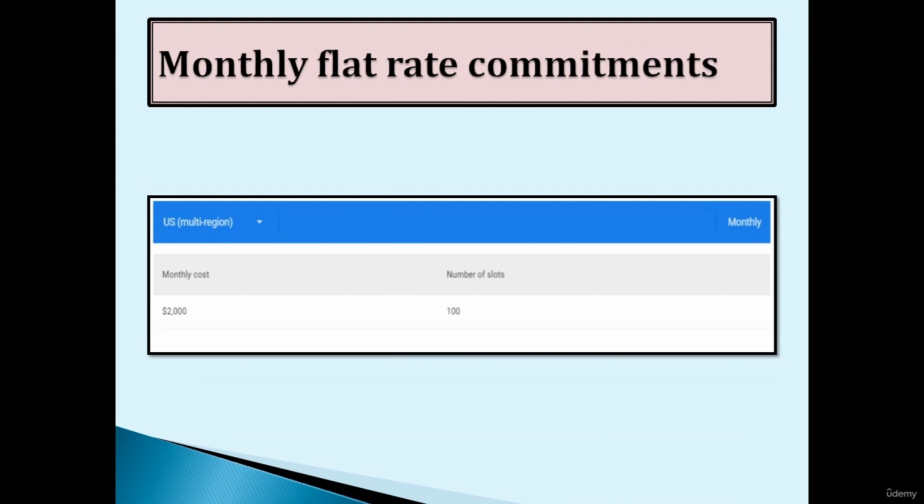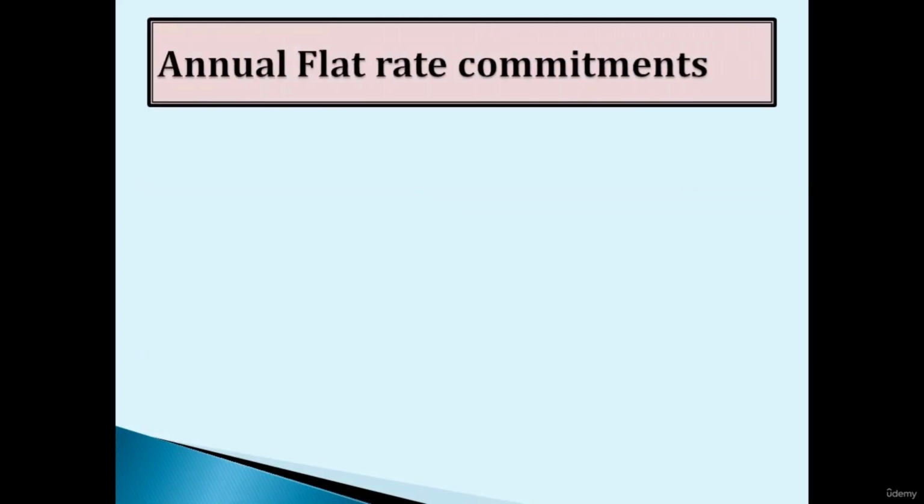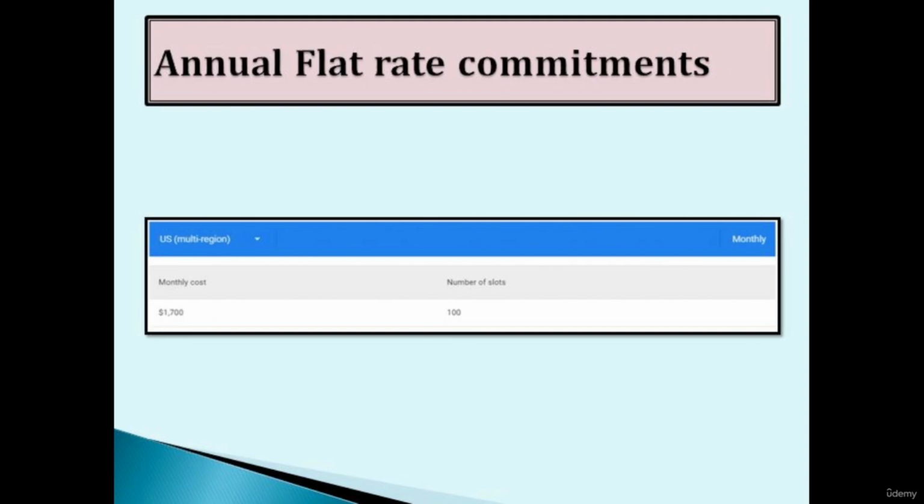You can see 2000 is given for 100 slots, and then there's also annual flat rate commitment. The following table shows the cost of your annual slot commitment, with monthly cost 1700 for the number of slots, and it's for multi-region.